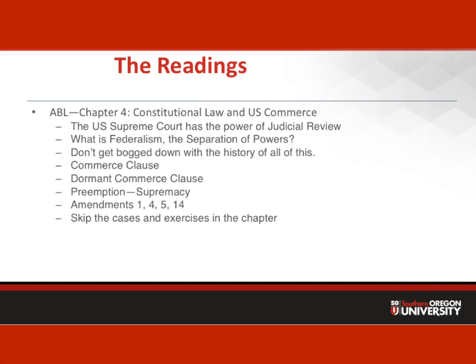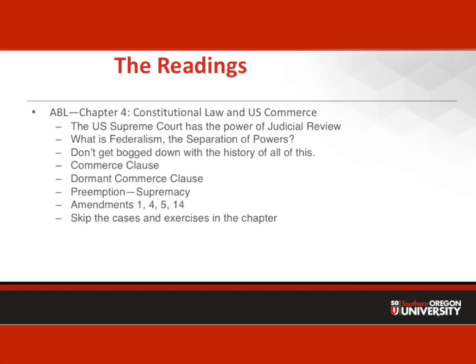Let's talk about Chapter 4 in Advanced Business Law, and this was all about the Constitution and regulation of U.S. commerce. The important things to remember in this section are just kind of who does what.